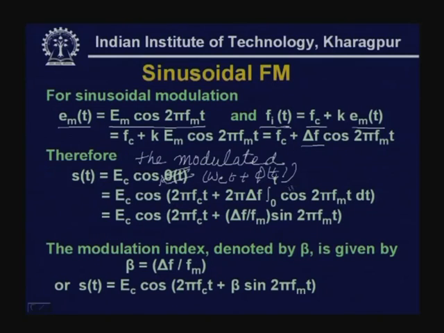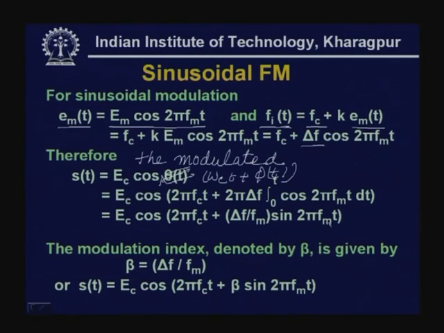Now this can be represented by E_c cos of 2 pi f_c t plus 2 pi delta f times the integral from 0 to t of cos 2 pi f_m t dt. Now we can express it in this way, and then it can be represented as E_c cos of 2 pi f_c t plus delta f by f_m sin 2 pi f_m t, if we integrate it.